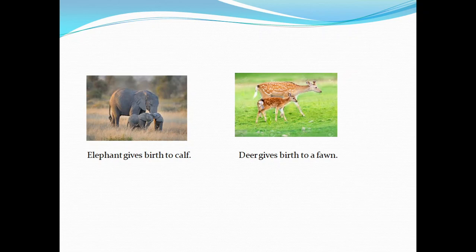A hen gives birth to chick. Then a kangaroo gives birth to joey. So this way there are so many different animals that give birth to their young ones, right? And they take care of them, right?